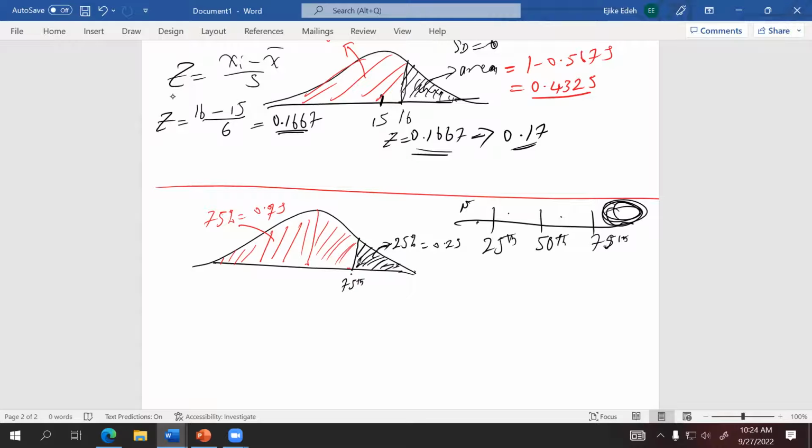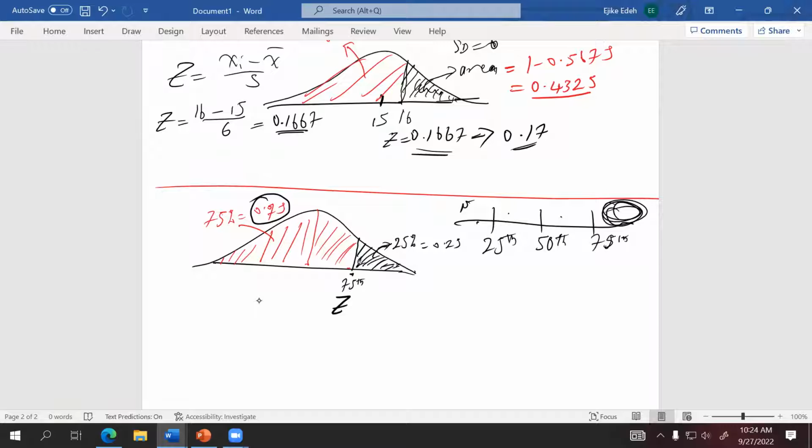Okay. So you do this subtraction, and your interest here is the Z value that is equivalent to this point here. But because the table doesn't give you the area shaded from the right, the table gives you the area shaded from the left, if you're interested in finding the Z value that is equivalent to the 75th percentile, at this point here, you're going to be looking for 0.75 in the table, right?